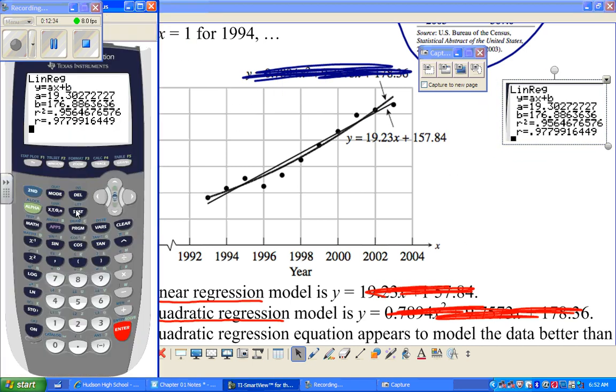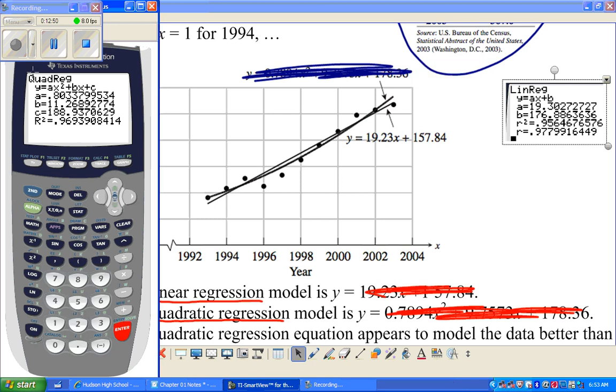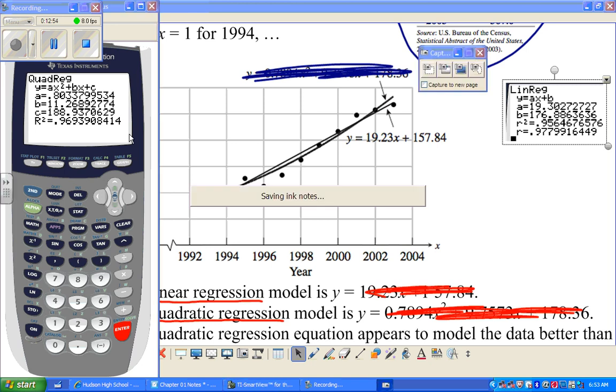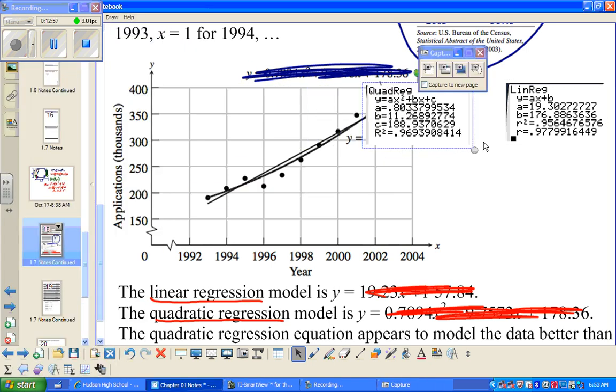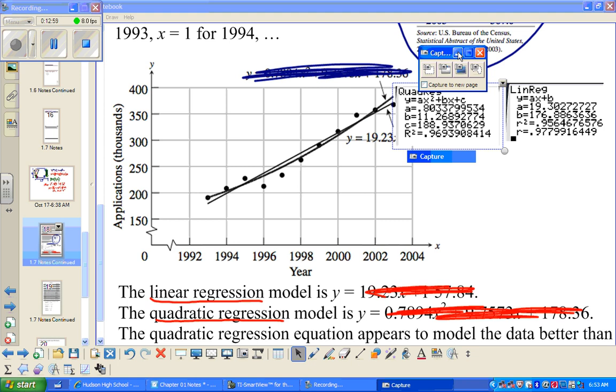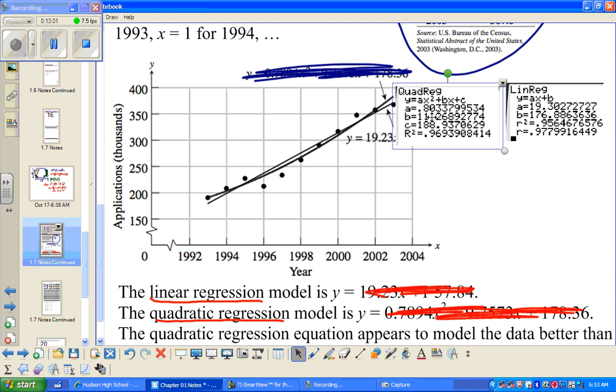Now we're going to do the same thing, only look at the quadratic regression. Press enter. And now I have this data to compare. So again, I'm going to take a screen capture so it's a little easier to compare. And when I put that information side by side, the A represents what goes in for the A right there, the B here, and the C there.